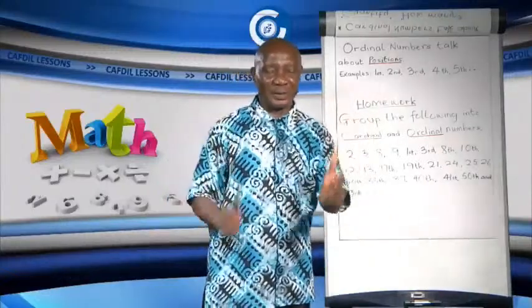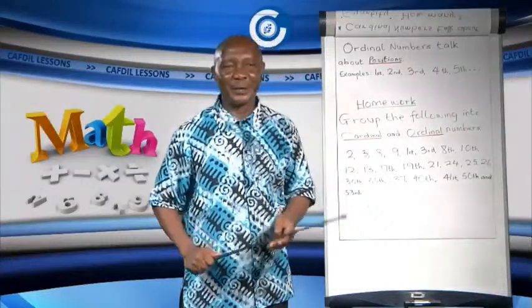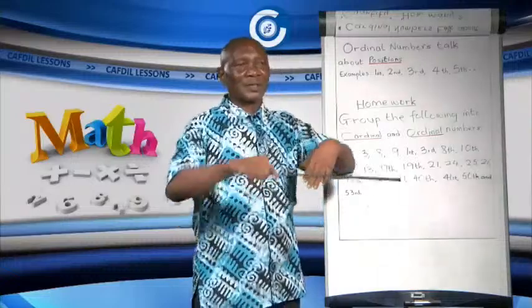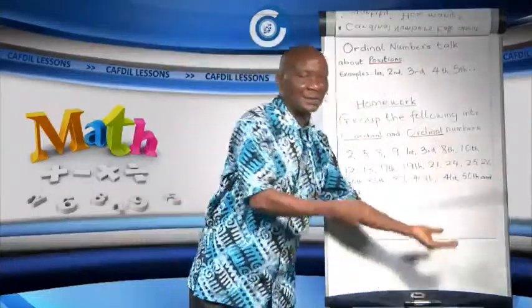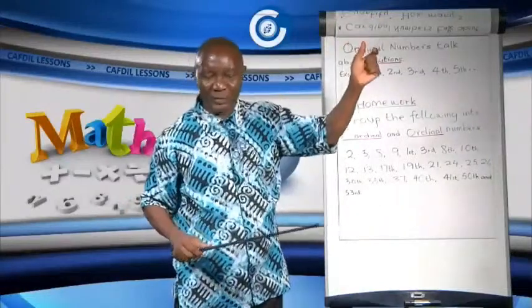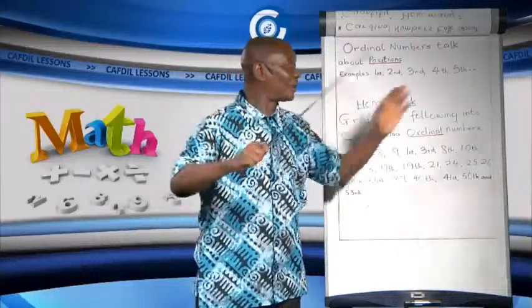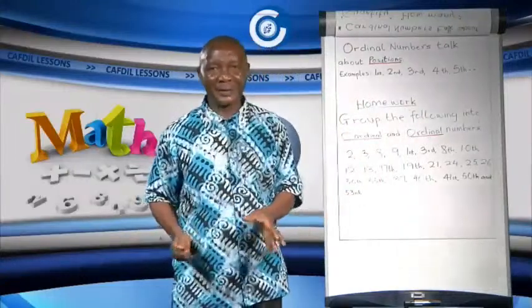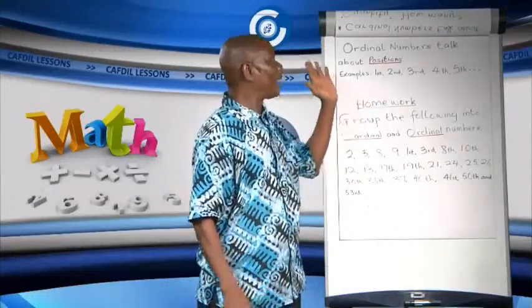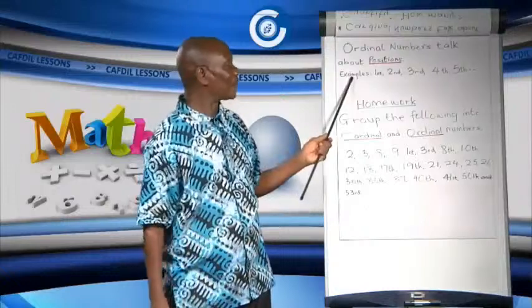You say, oh, St. Augustine's Basic School, they were first. Or St. Andrews from Fosu, they were third. See, all these are telling us the positions. So we say they are ordinal numbers. We have examples here.